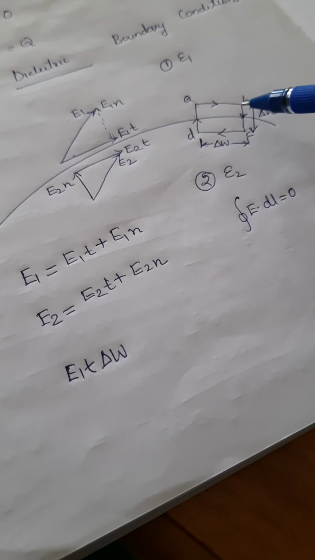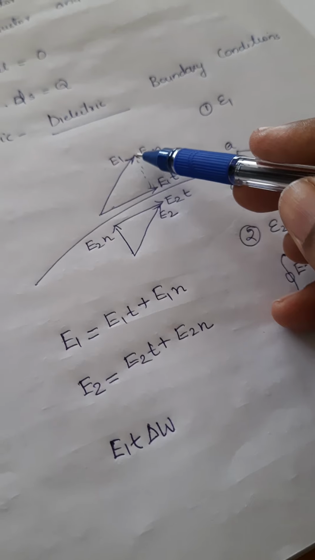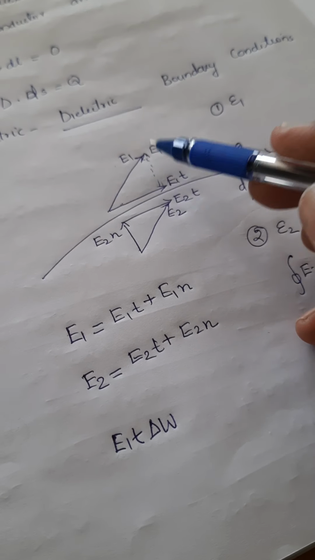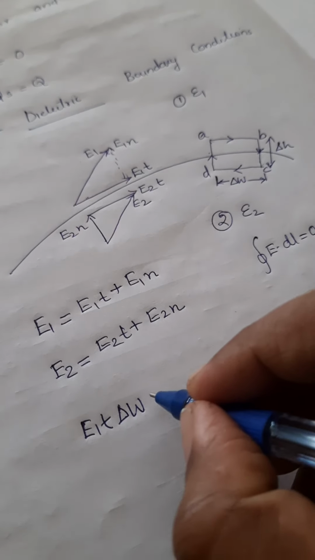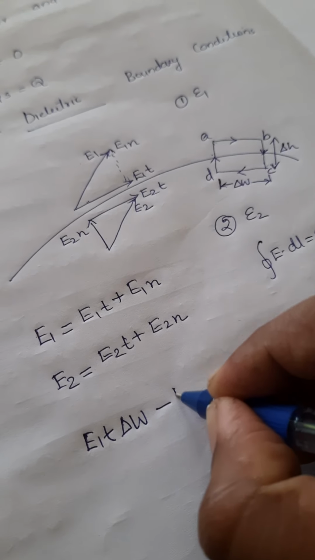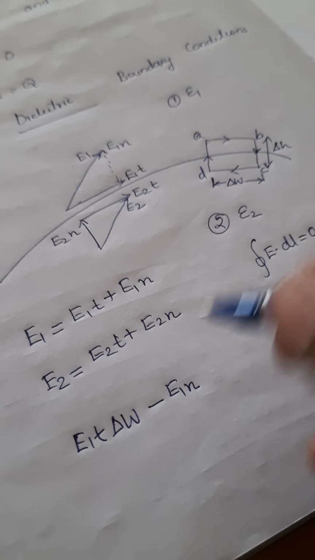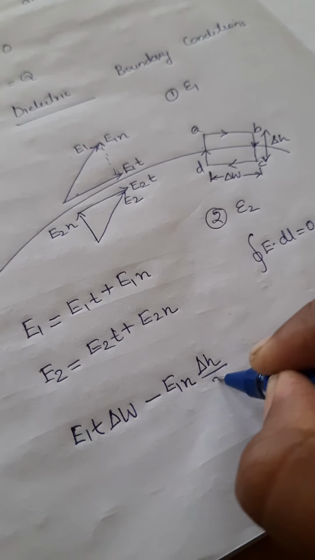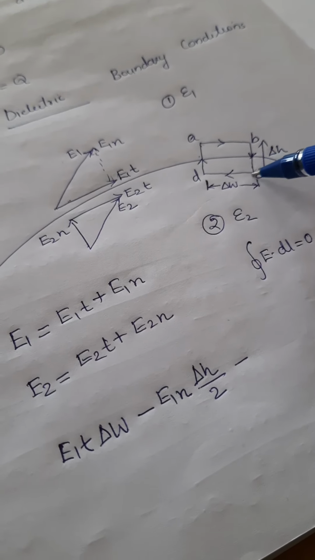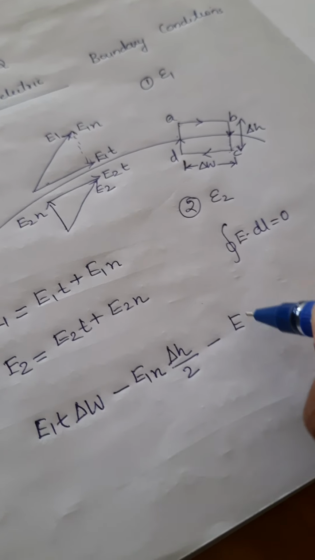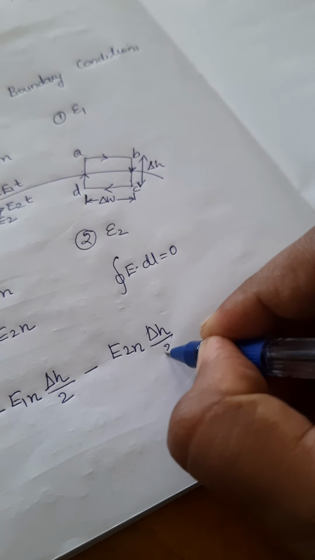Then along B to C, the upward direction of E1n is taken as positive, but here the direction is downward, so it is minus E1n into delta h by 2. Then from the boundary to C, it is minus E2n into delta h by 2.